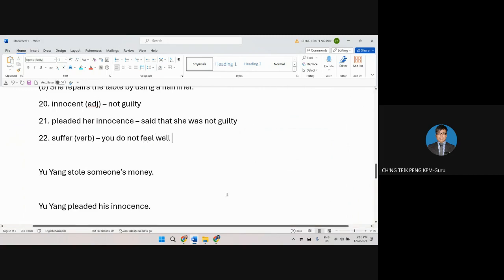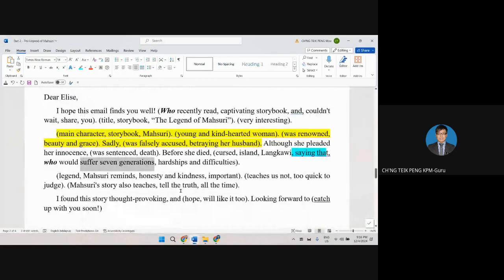If I put you in a room and shut all the windows, and don't give you aircon or fans, then you would suffer in the room. You feel not well in the room. Hardships and difficulties. Is there any word you don't understand here?